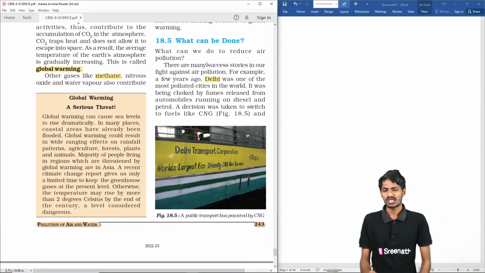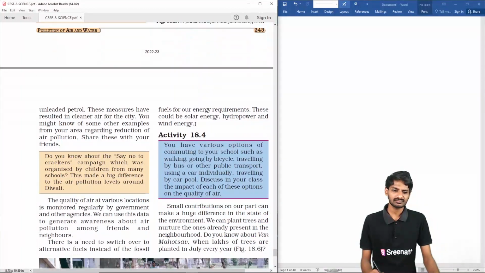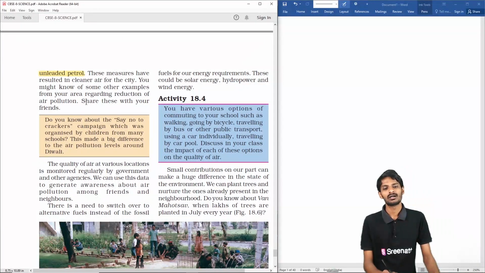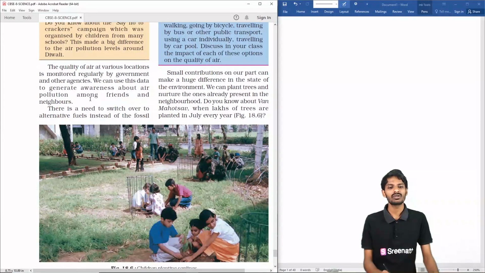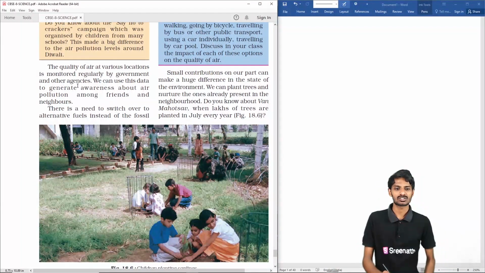A decision was taken in Delhi that all vehicles switch from petrol and diesel to fuels like CNG, and to unleaded petrol. Because of this the city has become cleaner and air pollution from vehicles has decreased, students. The quality of air at various locations is monitored by several governments and agencies.